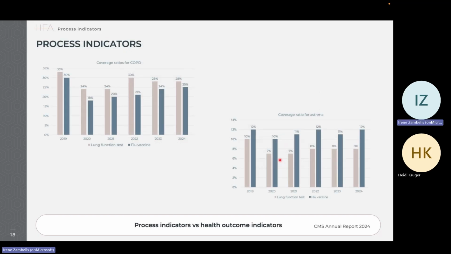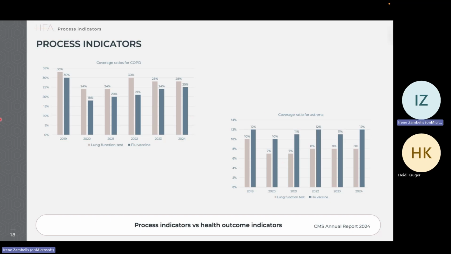And if we have a look here, we can see that Council in their 2024 annual report have been publishing these figures on process indicators for certain conditions. Now remember, these aren't health outcome indicators.